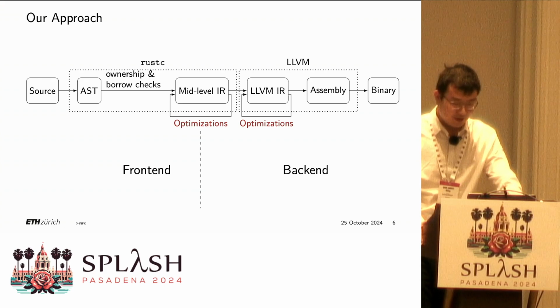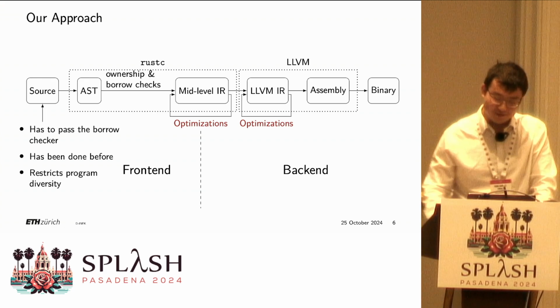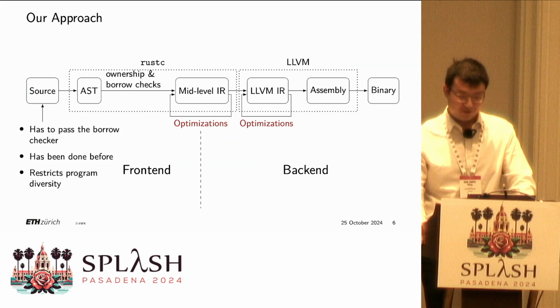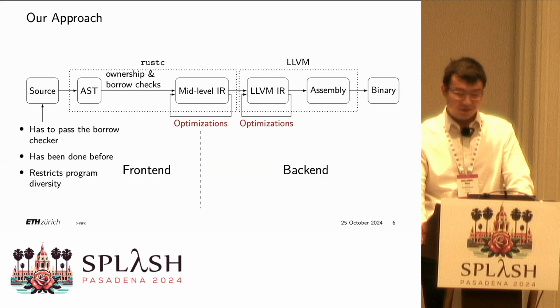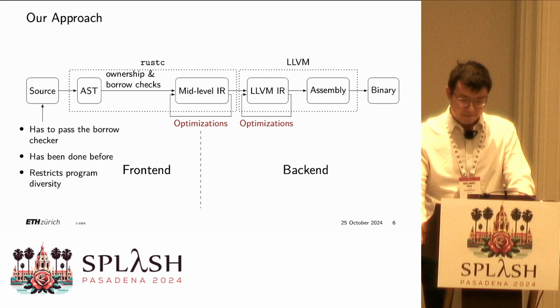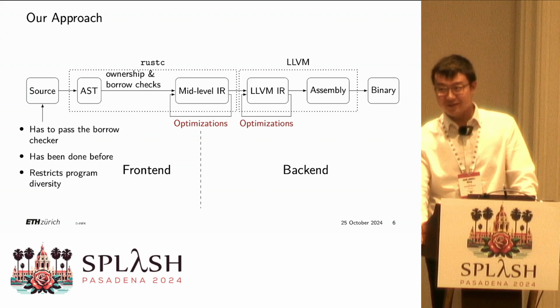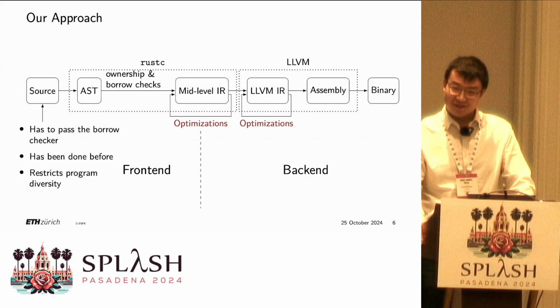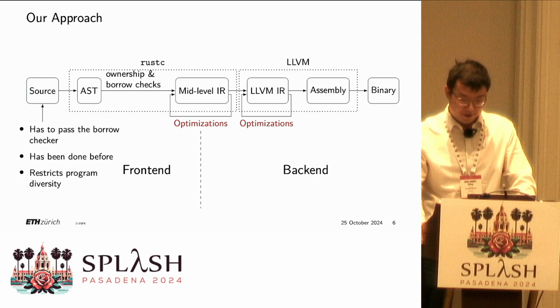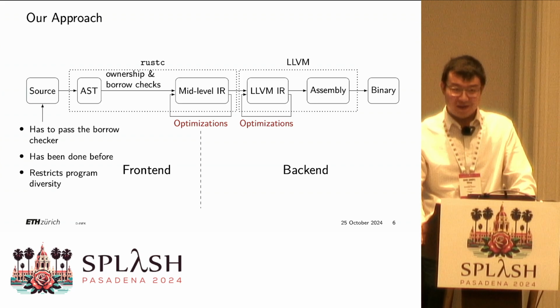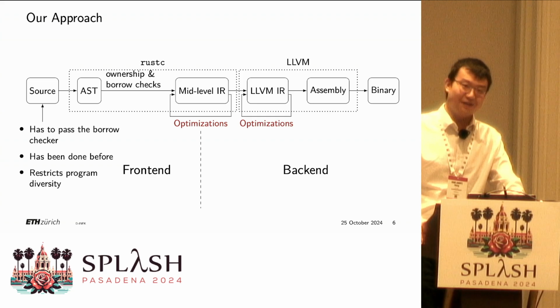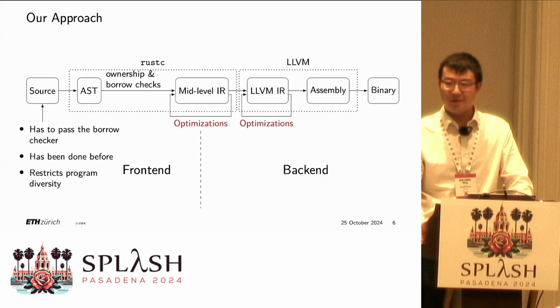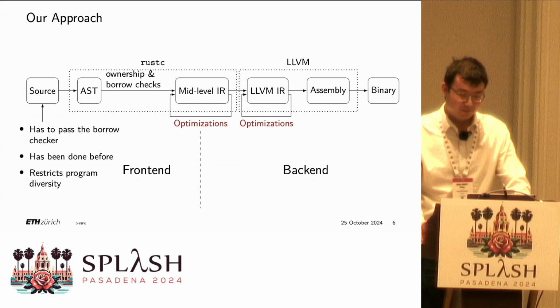However, if we were to generate just normal Rust code, which we call surface Rust, then we have to confront all these checks in the front end. They are very important, and they are there to uphold all the safety guarantees that the Rust compiler has, but they have been extensively tested by others, and they do not meaningfully affect these optimizations if we can independently guarantee that the code we pass to the optimizations is valid.